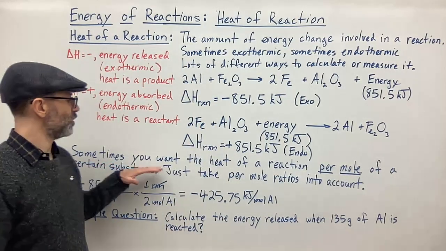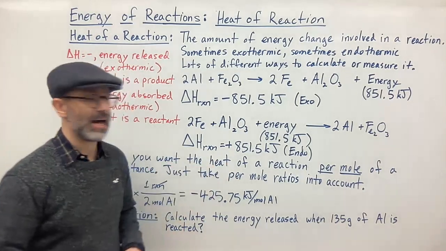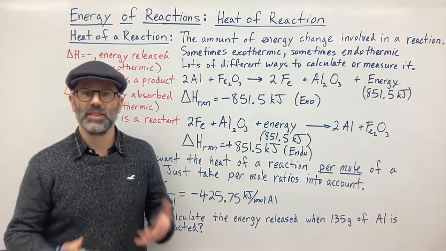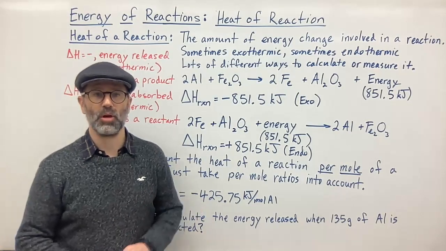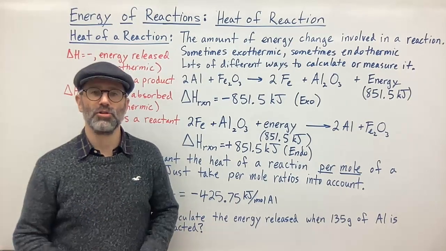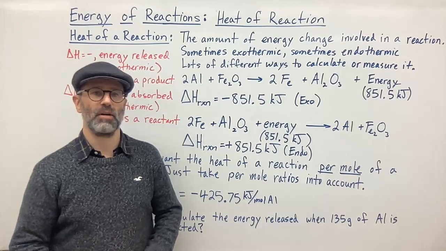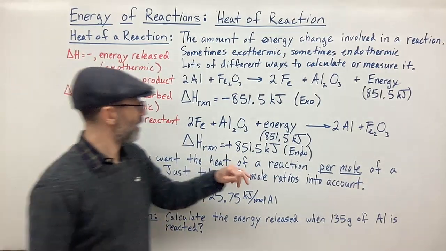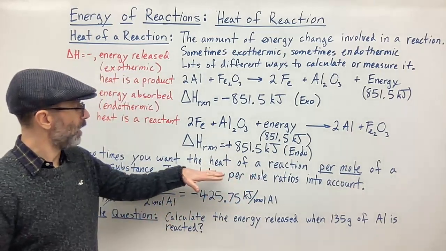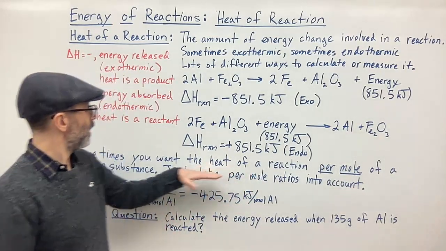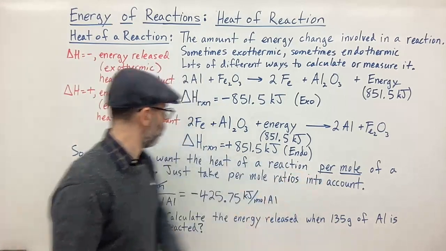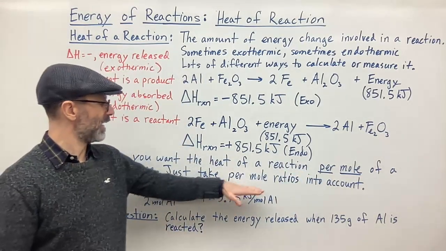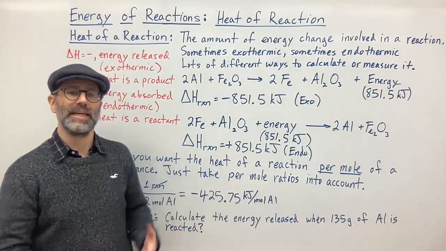Sometimes you're going to want the heat of the reaction to be per mole. A lot of times when they give you heats of reactions in a table or a chart, it's usually kilojoules per mole of reactant. If you want your heat of the reaction to be per mole of a certain substance, then all you need to do is take the per mole ratios into account.